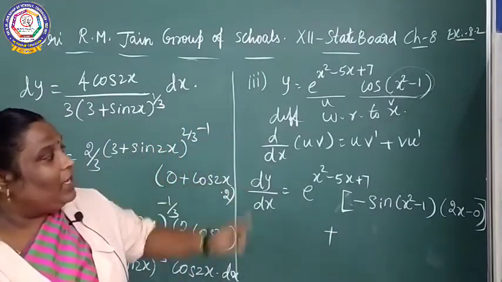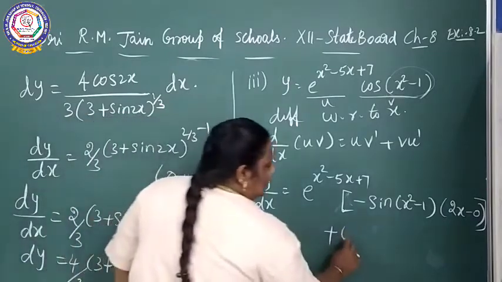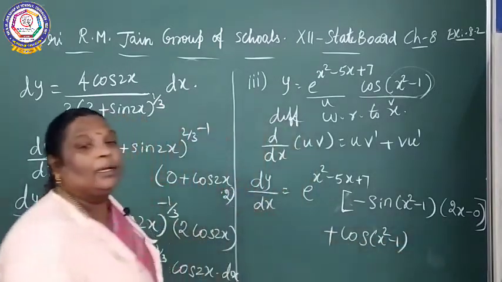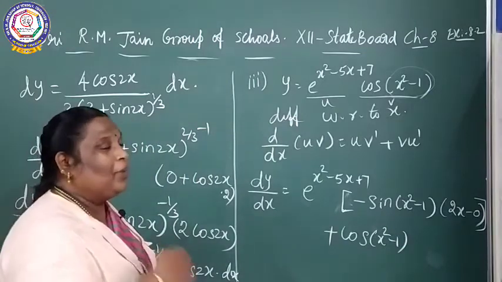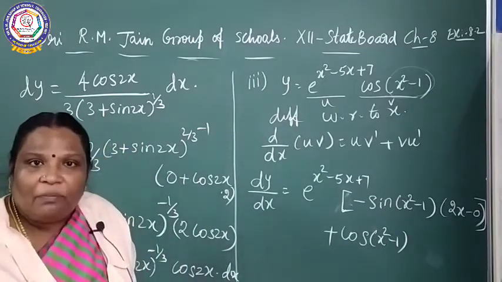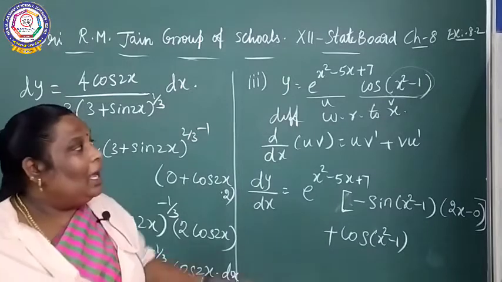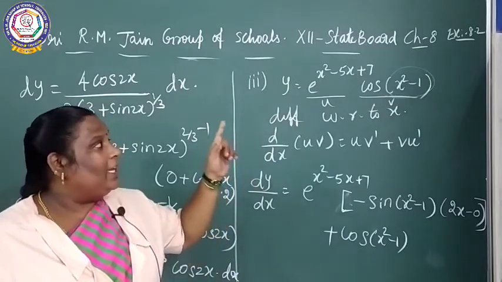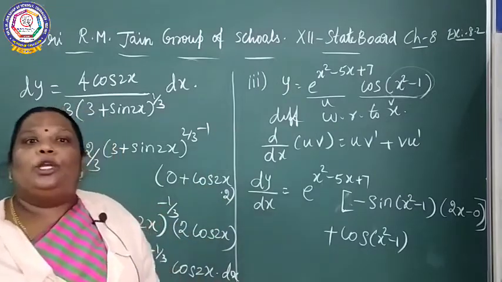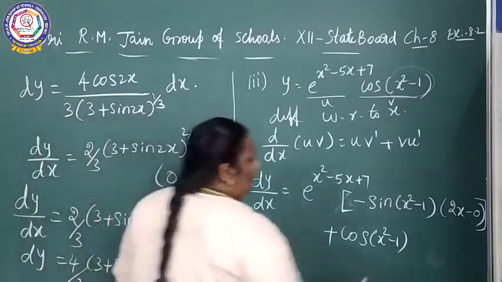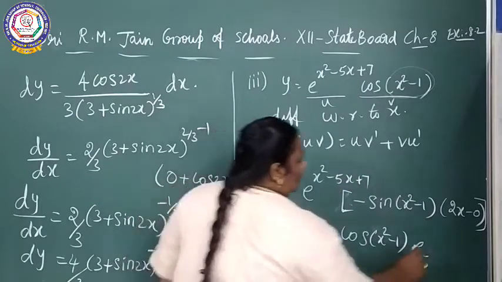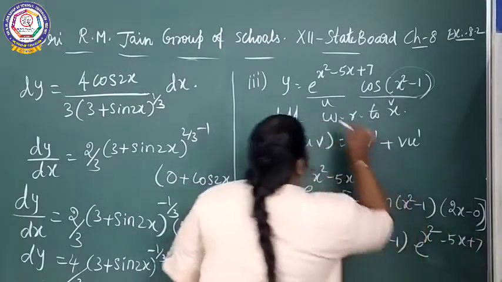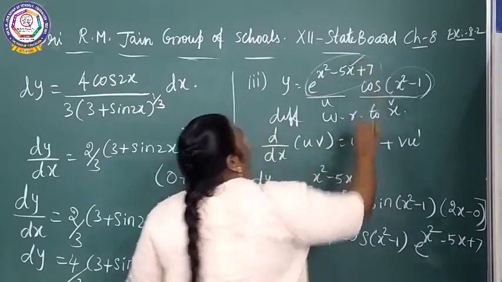Plus v as it is, cos of (x square minus 1), into u dash. If it is e power x, differentiation is e power x. But in place of x, that is replaced by x square minus 5x plus 7, so again you will differentiate. First the e power part is over, then you move on to the second one.